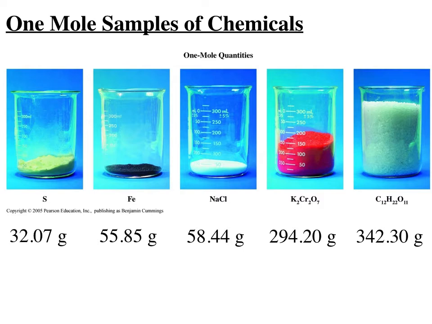But the final picture is that for sucrose, C12H22O11. Each individual molecule of sucrose, as you can see, has 22 atoms of hydrogen, 11 atoms of oxygen, that's 33 atoms, and throw on top of that 12 more carbons, that's 45 atoms per molecule.